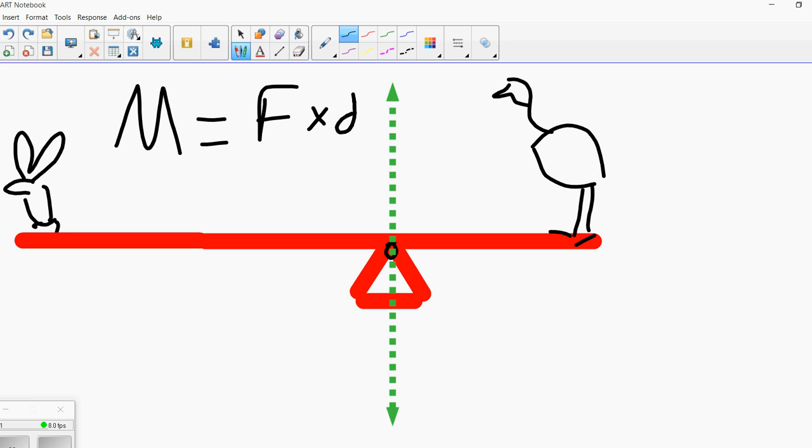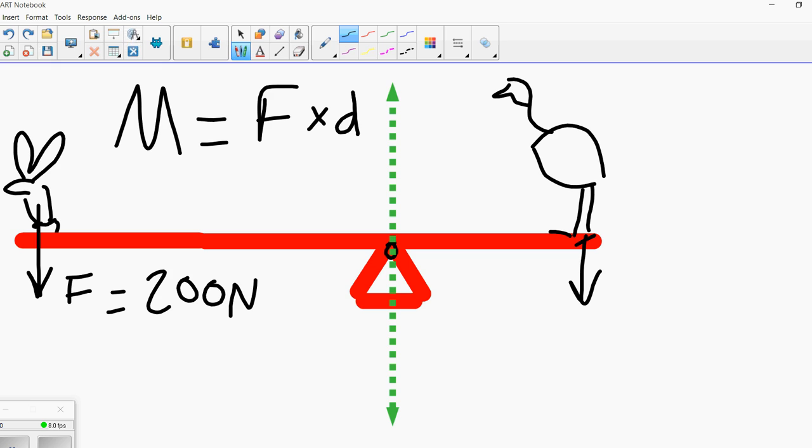It is the force that the Earth exerts on that little animal. So it is the weight, and let's assume that that force, for example, is, let's say, 200 newtons. And let's assume that this ostrich, which is a bit heavier, is pulled with a force of, let's say, 600 newtons.